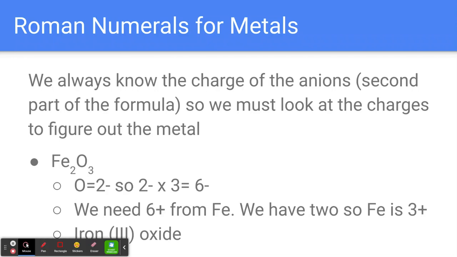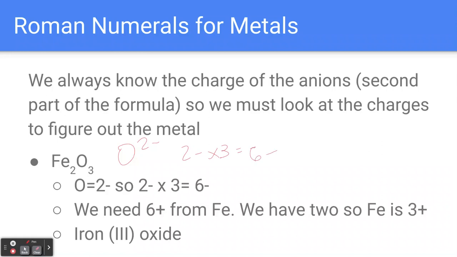And so if we take a look here, we've got iron oxide. Now we got to figure out what kind of iron it is. Is it a +2? Is it a +3? So if we take a look, our oxygen O has a -2 charge. We've got 3 of those, so -2 times 3 gives us a -6 charge.